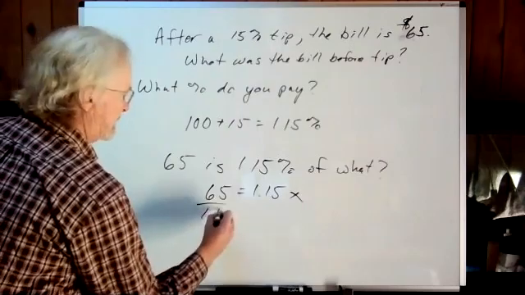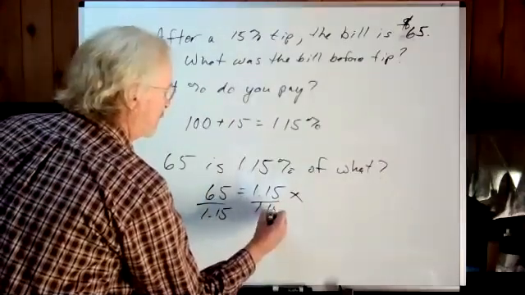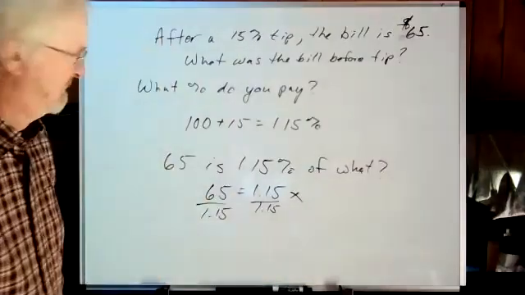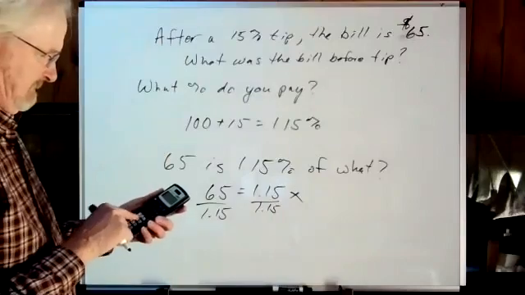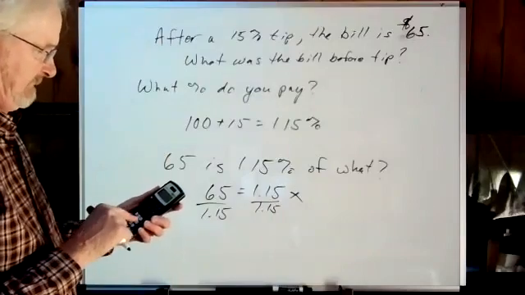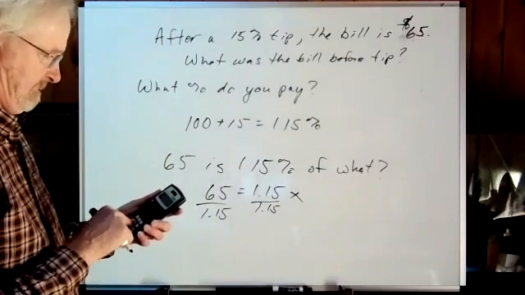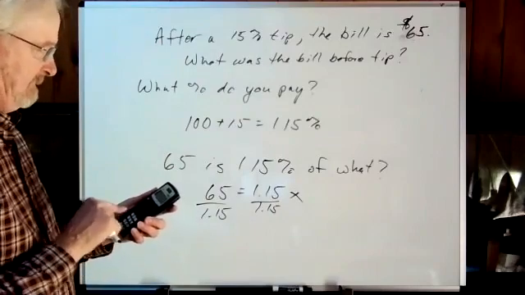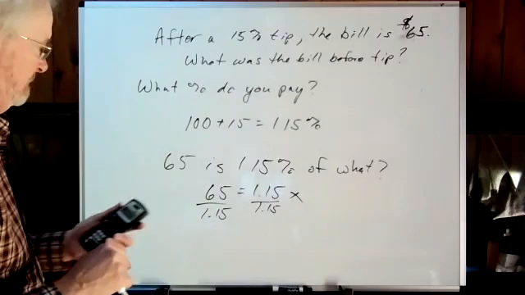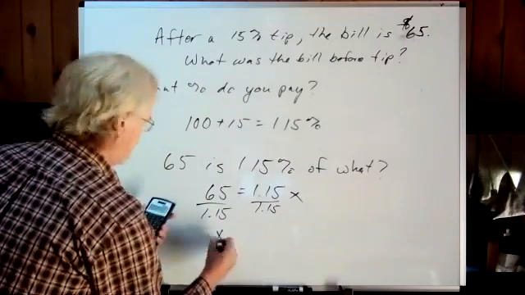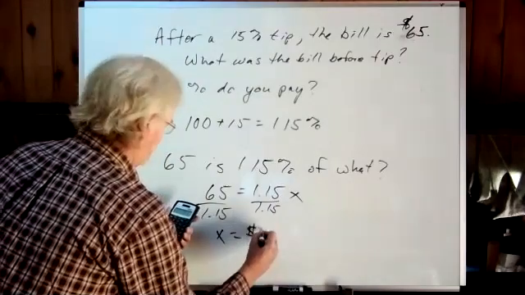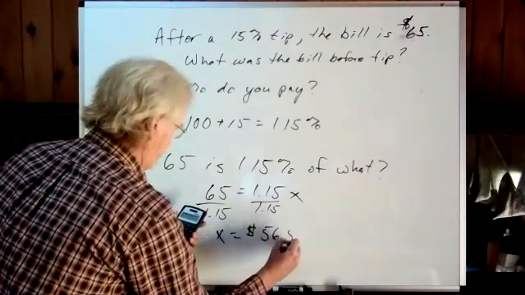Dividing both sides by that 1.15. Look, clear. And yeah, I made a messy number here. Let's call it 56.52.